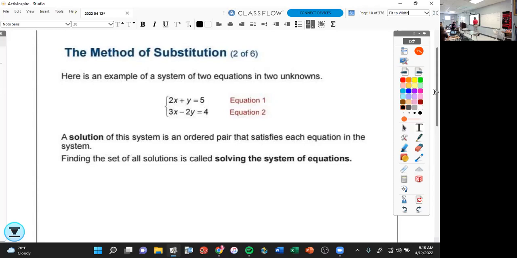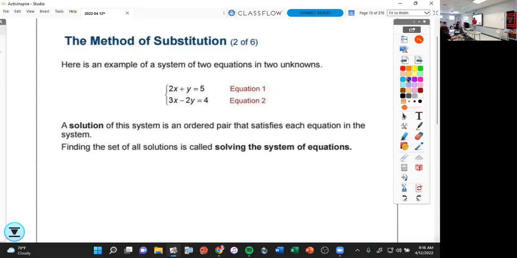Yes, yeah. So here's a system. The solution of the system is an ordered pair that makes both equations true. Solving the system by substitution, y'all might remember when I write the word substitution, I kind of wrote it differently.